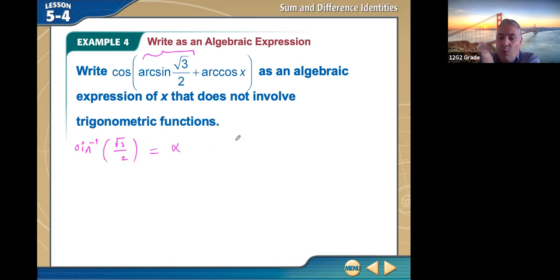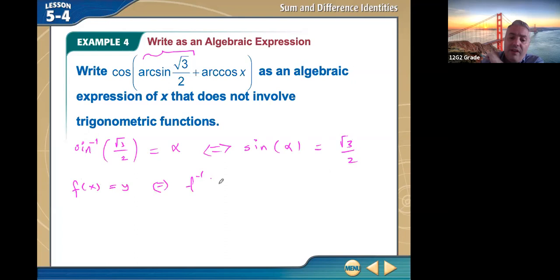Now, what can I say? I can say this if and only if sine of alpha is equal to root 3 over 2. Do you remember the general rule? f of x is y if and only if f inverse of y is equal to x.